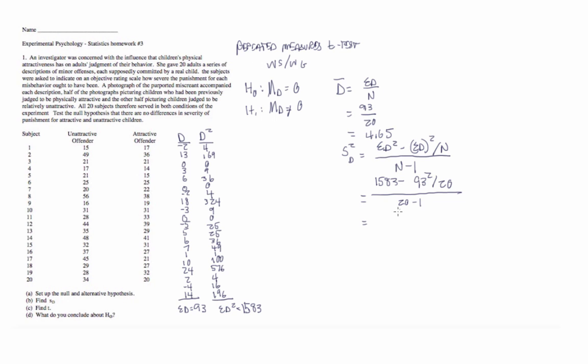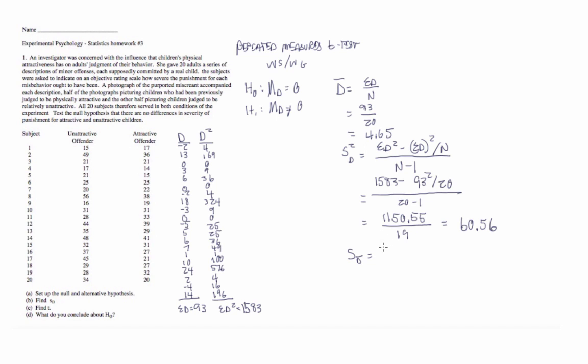If we break this down, it comes out to be 1150.55 over 19, and that's equal to 60.56.